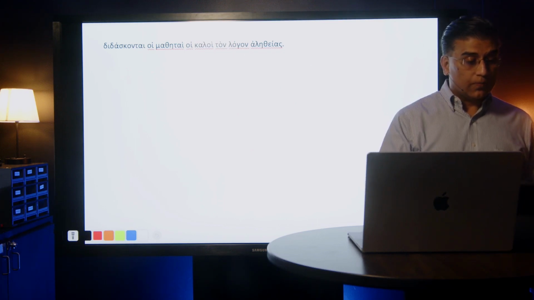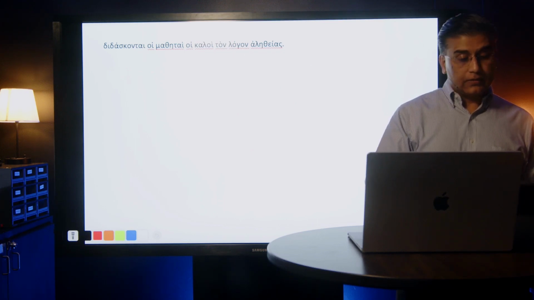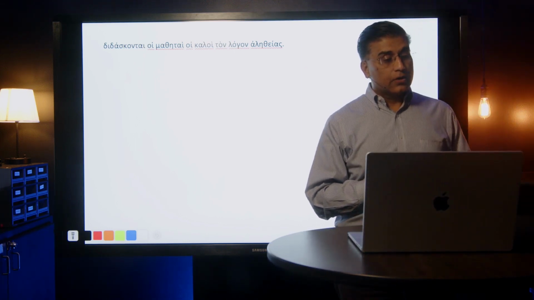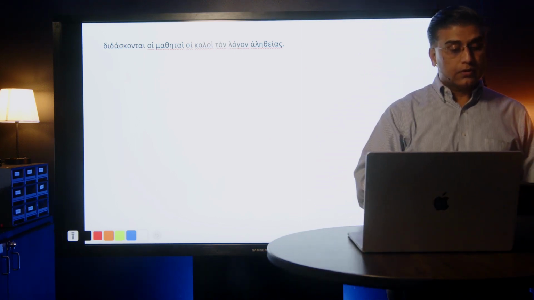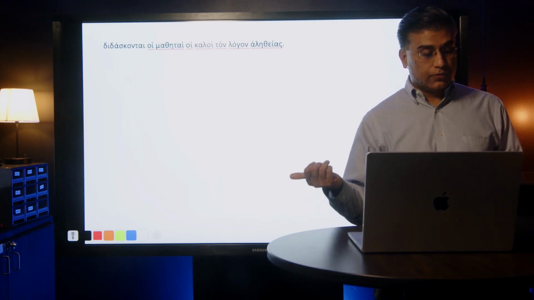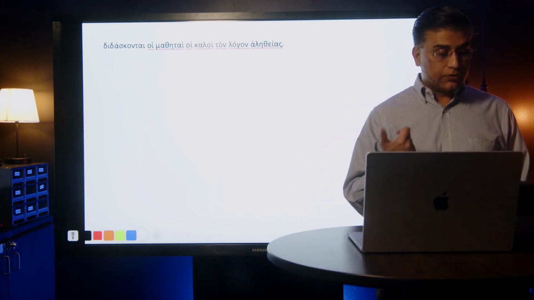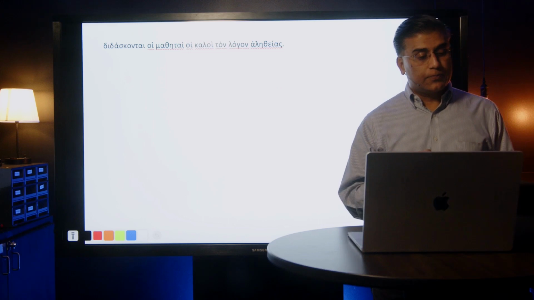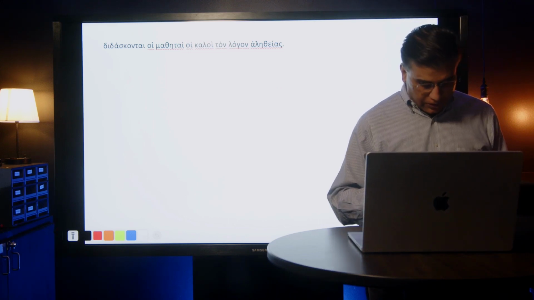didaskontai, are teaching one another the word of truth. Okay, the word of truth. Page 88. If you want to turn there for a quick second, I made a note there.